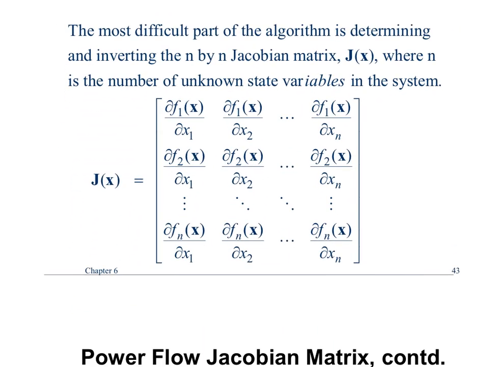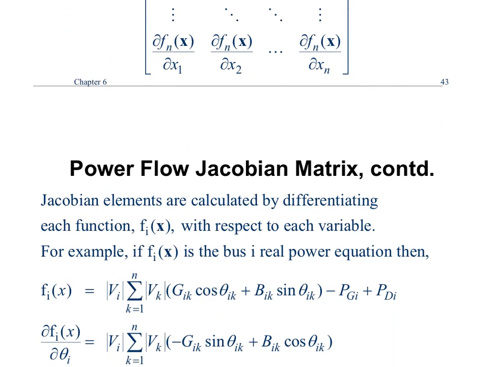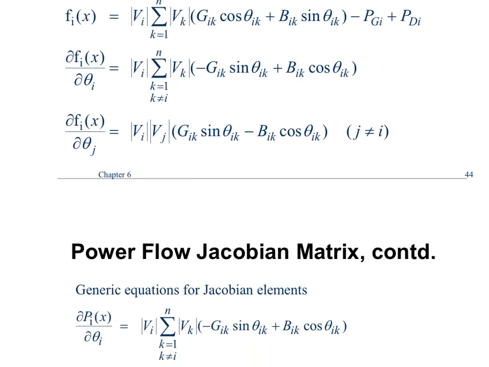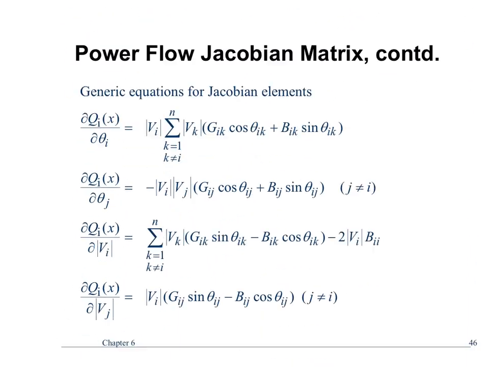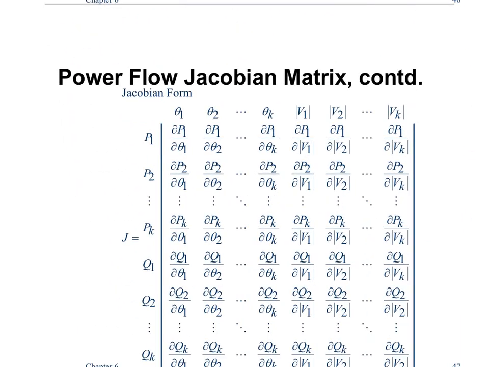Here's our Jacobian matrix. We talked about it: it's just the partials of all these functions with respect to variables. This is the layout. It's not super useful until we look here. Remember how I said right next to your rows, the power balance equation that you're solving for, the f of x, and right next to the columns, the variables you're solving for?